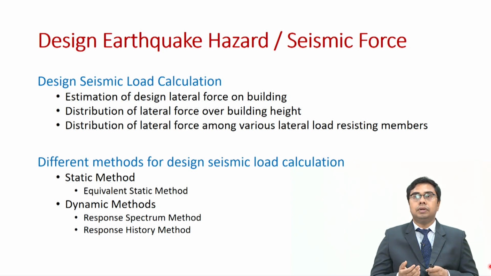We use different methods for estimating design seismic load, which are either static in nature or dynamic in nature. In this course, we are looking into equivalent static method and 2 dynamic methods, which are response spectrum and response history methods.